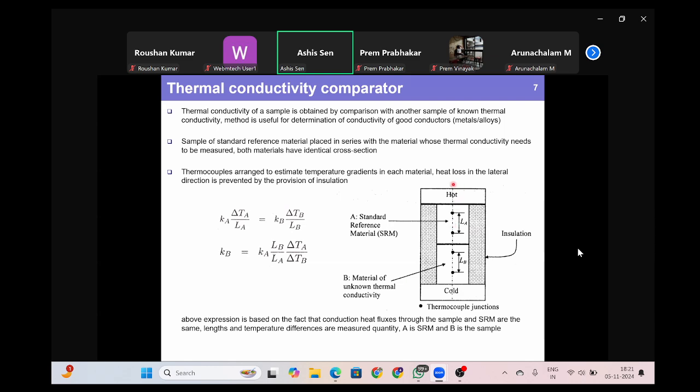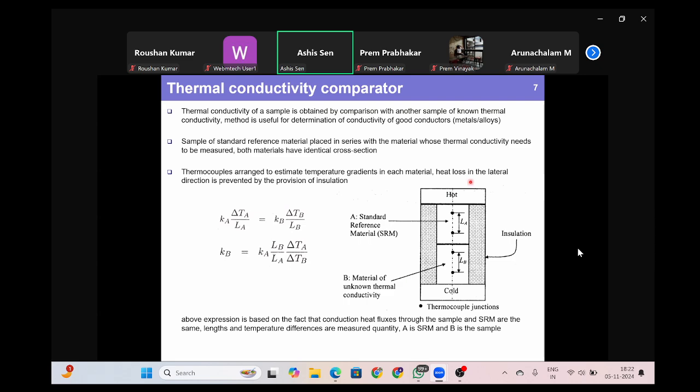This basically ensures that the heat from the hot end to the cold end goes only in one direction, in this direction. So this is the hot end. You can mount a heater. And the cold end is either exposed to ambient or you put it in a water bath or whatever.